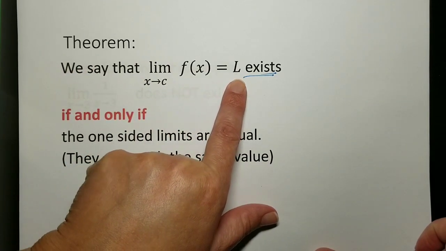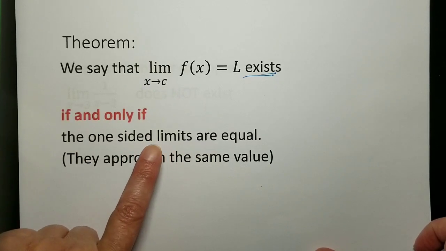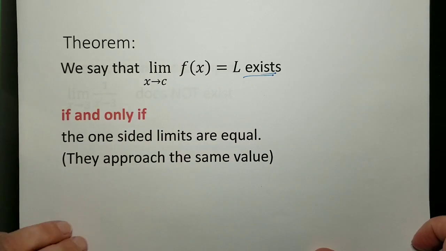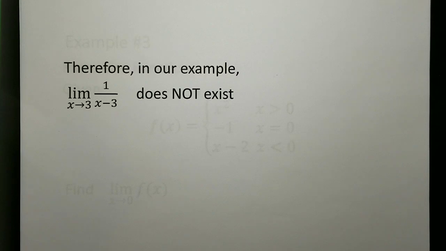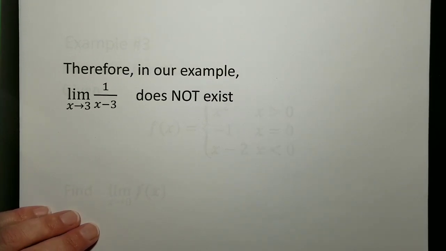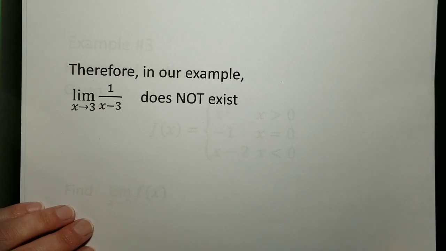If we know the limit exists, then both sided limits are equal. If both sided limits are equal, then we know the limit exists. So that's a both-directions theorem. In our example, I already wrote this on the graph, but the limit as x approaches 3 doesn't exist because the sided limits are not equal.